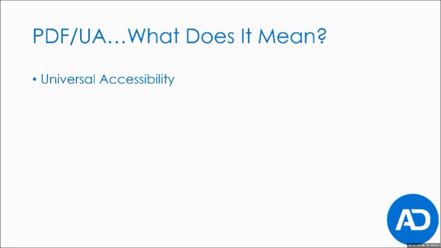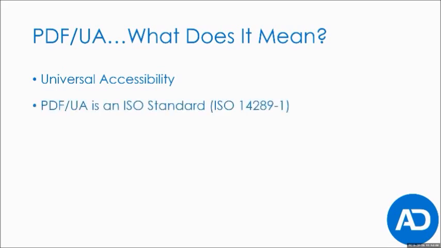So when UA started being contemplated by Adobe and AIIM, which is a US group that works in conjunction with the PDF Association, the goal was to increase accessibility of content within a PDF context.